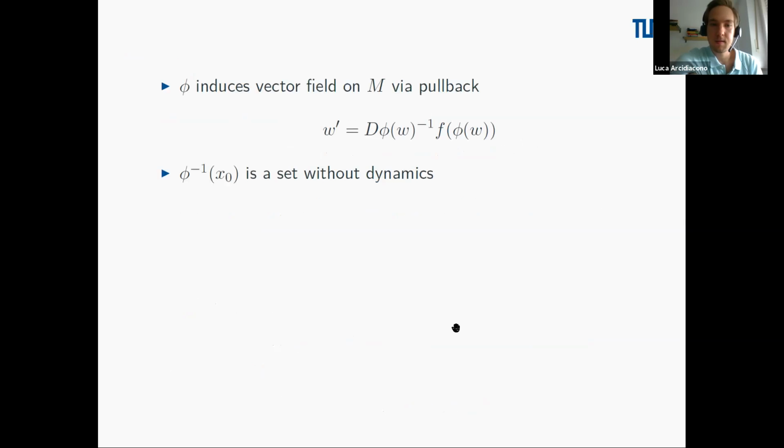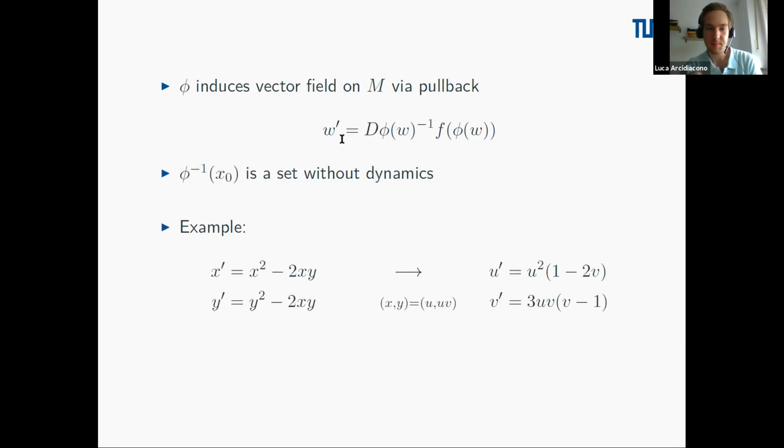Under this map phi, we can pull the vector field f back to the manifold, and this induces another differential equation. The pre-image of our equilibrium point in this new equation is a completely fixed set without any dynamics.